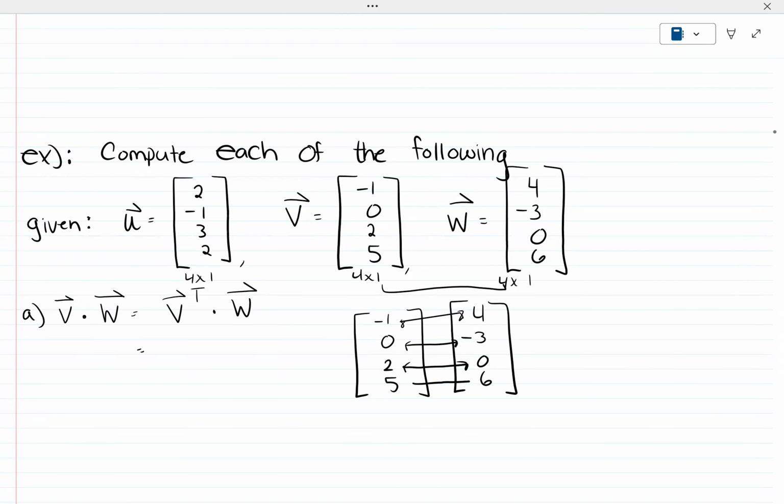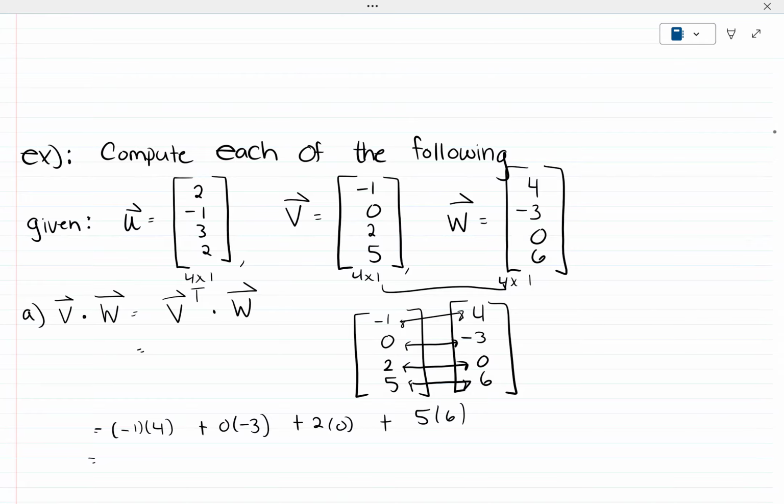You multiply these numbers and then add them, like the dot product. So this equals -1 times 4, plus 0 times -3, plus 2 times 0, plus 5 times 6.